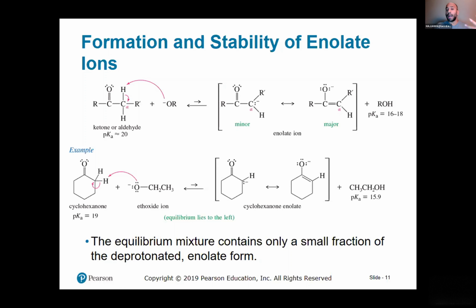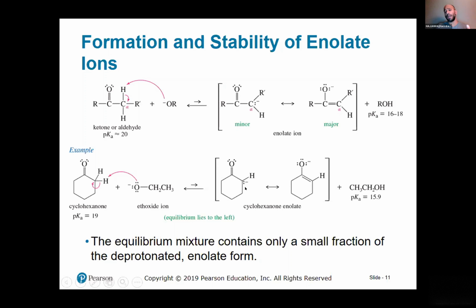And that's why you will see some reactions where it's much better to use a much stronger base, such as an amide. So you can see here a cyclohexanone reacting with ethoxide. Once again, the pKa of that alpha carbon hydrogen is around 19.